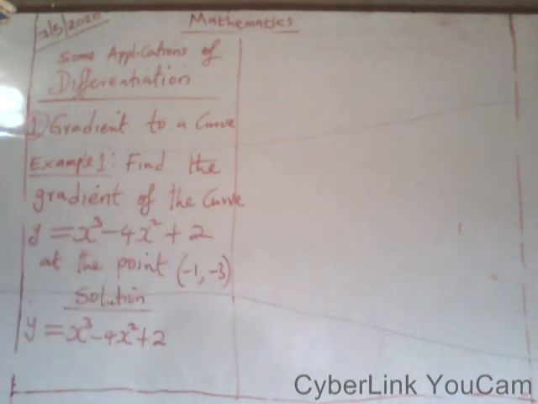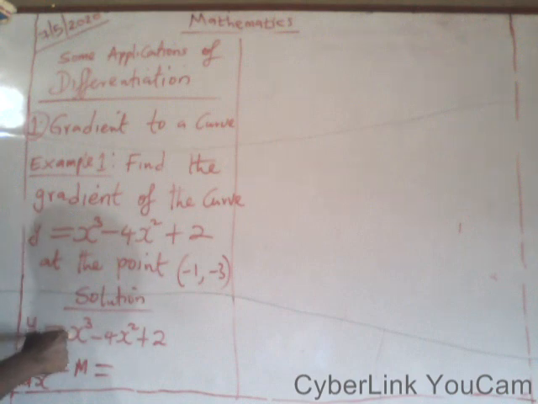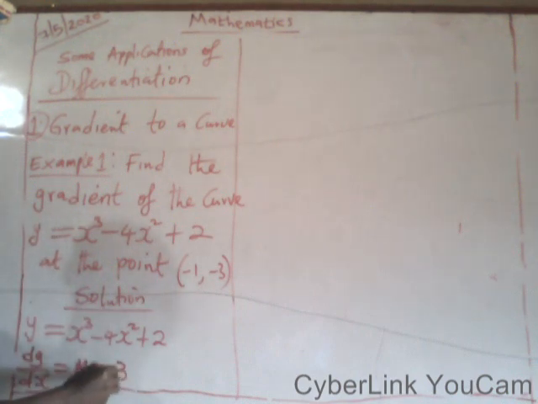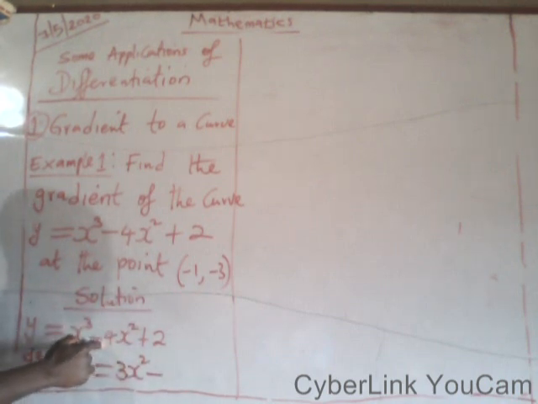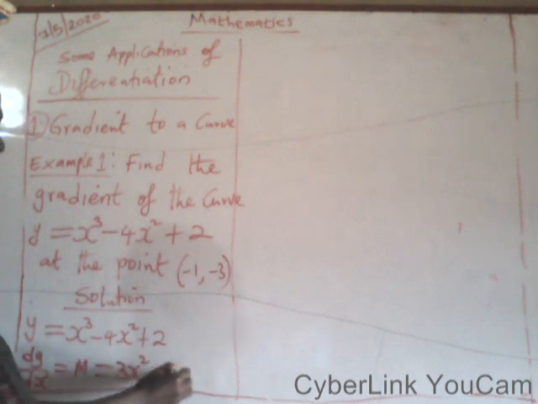So the next thing is to differentiate. Our dy over dx, which is the same thing as slope or the gradient, is equal to: differentiate this x cubed, you have 3 times x raised to power 3 minus 1, and that is 3x raised to power 2, then minus 2 times 4x raised to power 2 minus 1, and that is 8x.